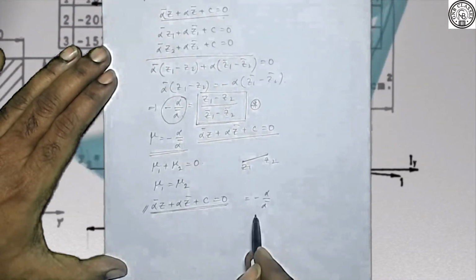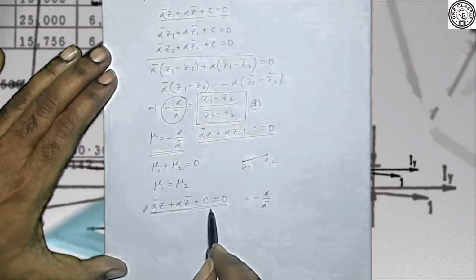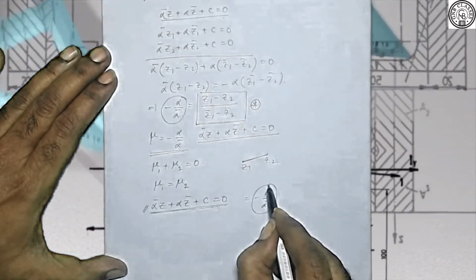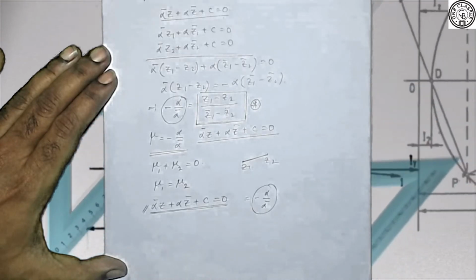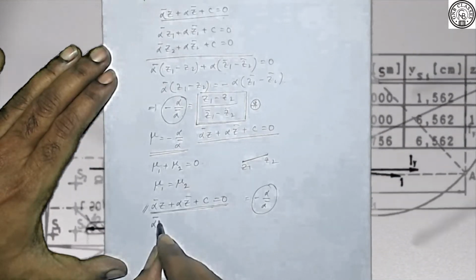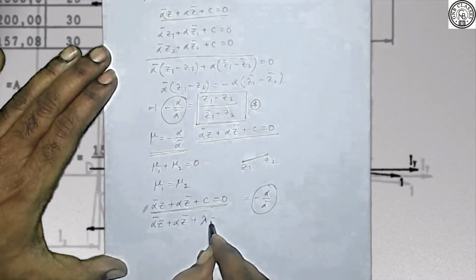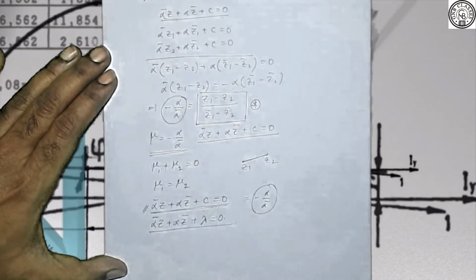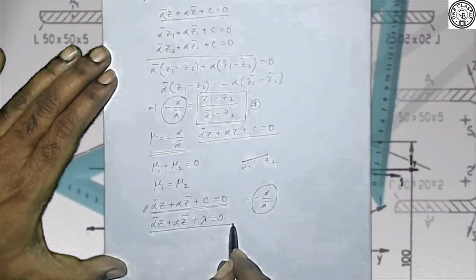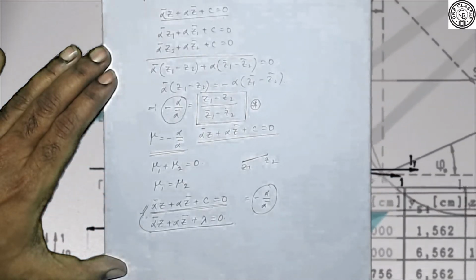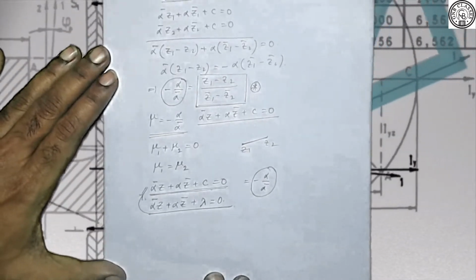Any line which is parallel to this line will have the same complex slope. Therefore, the equation of the line will be alpha bar z plus alpha z bar plus some other constant lambda equals 0. So this is the equation of the line on the complex plane which is parallel to this line. Is it clear?